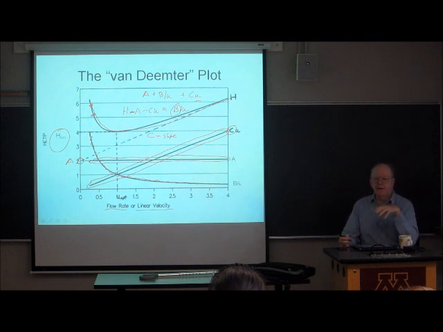The most important characteristic of this curve is that there's a velocity at which the HETP goes through a minimum.